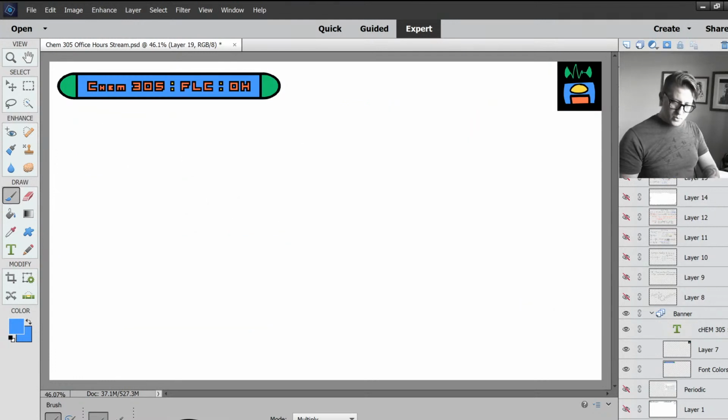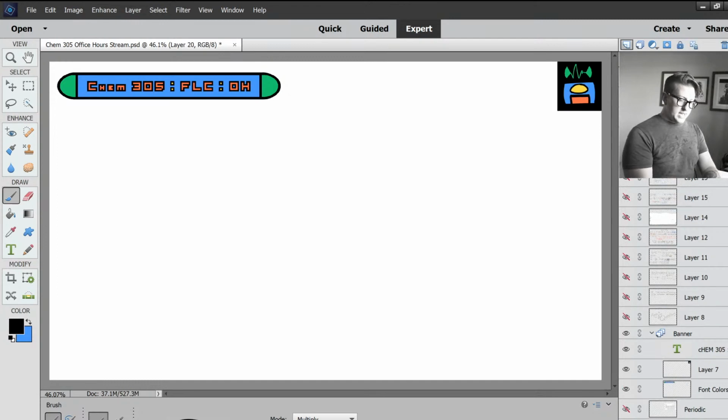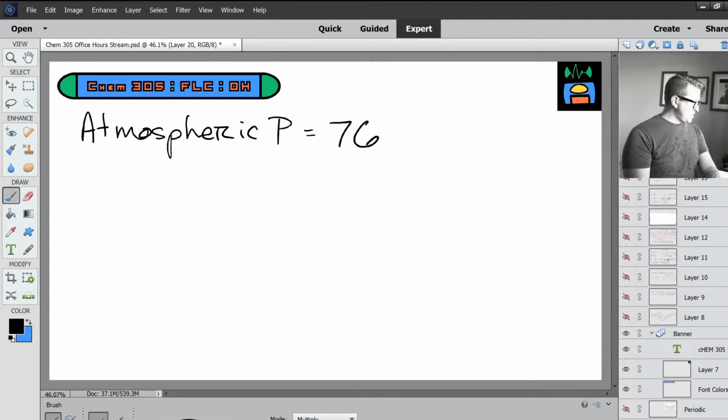So the reason why your number is coming out differently is atmospheric pressure was 765.6 millimeters of mercury.